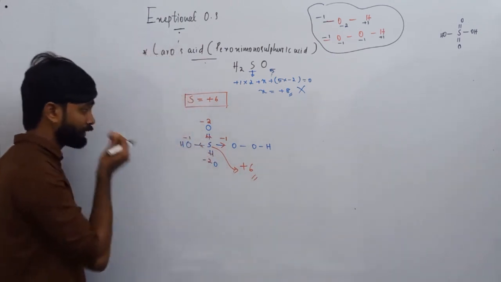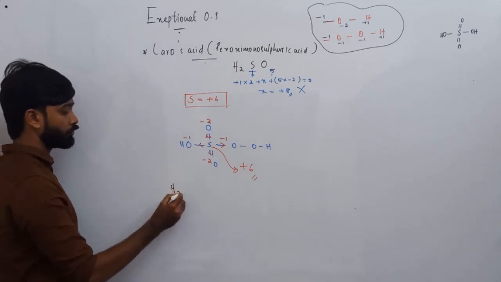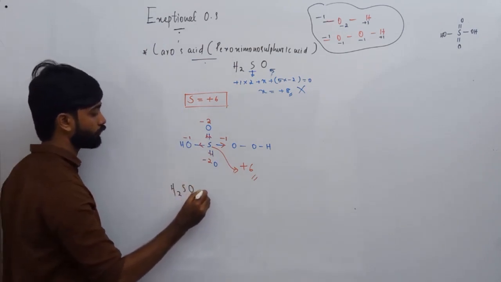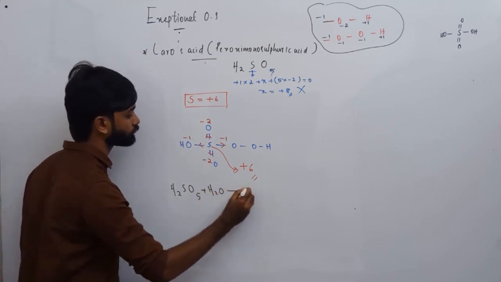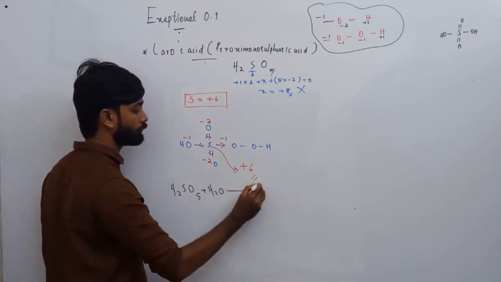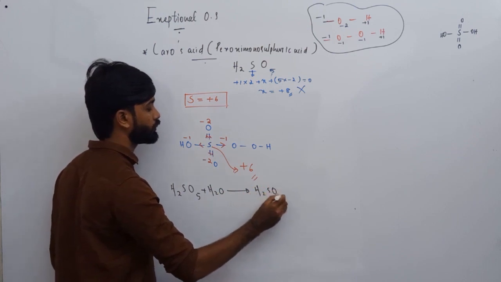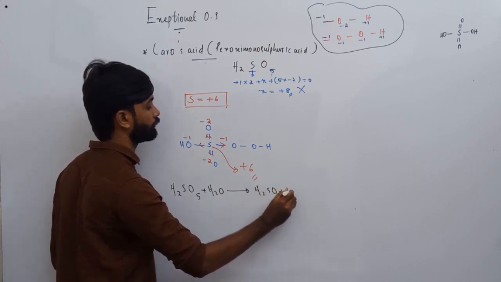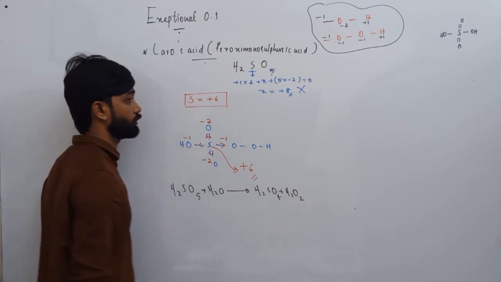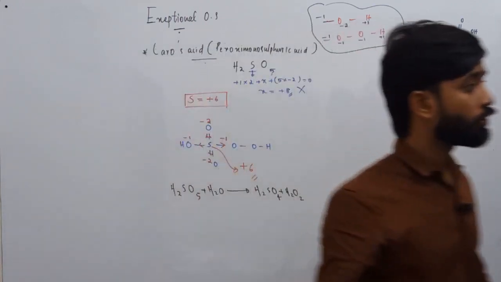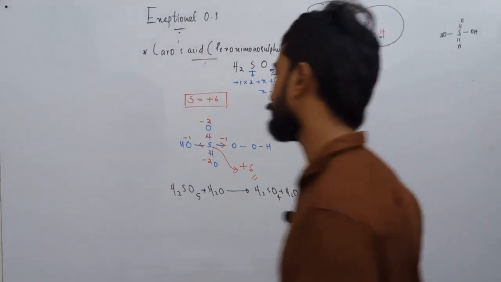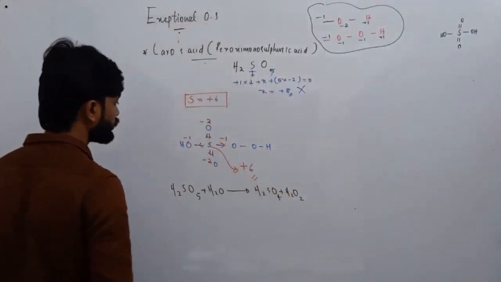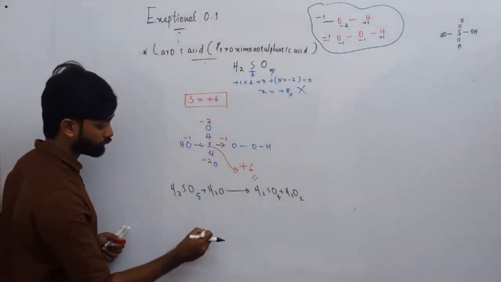And this is a special example. Your Caro's acid, H2SO5, on hydrolysis forms H2SO4 plus H2O2. So Caro's acid on hydrolysis forms H2SO4 plus H2O2. How does it become like that?